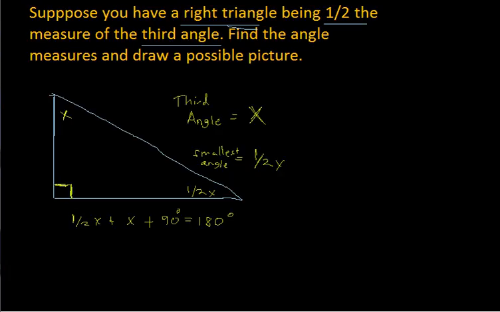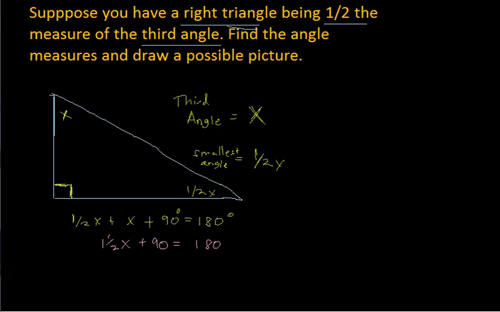So the next thing I'm going to do is combine like terms. Well, half of x plus x actually equals 1 and 1/2 x. 1 and 1/2 x plus 90, which equals 180.